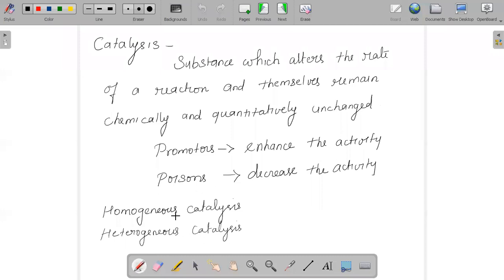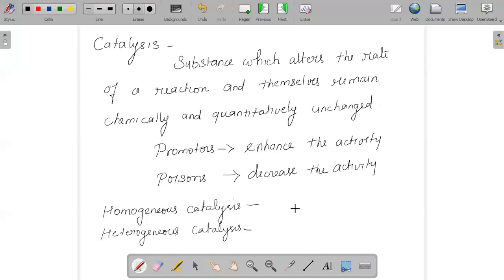There are two different types of catalysis: homogeneous and heterogeneous. What is homogeneous catalysis and what is heterogeneous catalysis? If the reactant and the catalyst are in the same phase, the process is homogeneous catalysis.